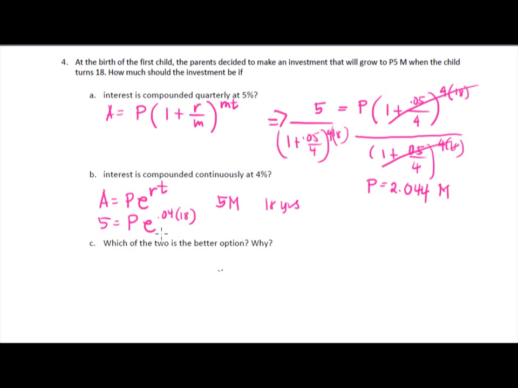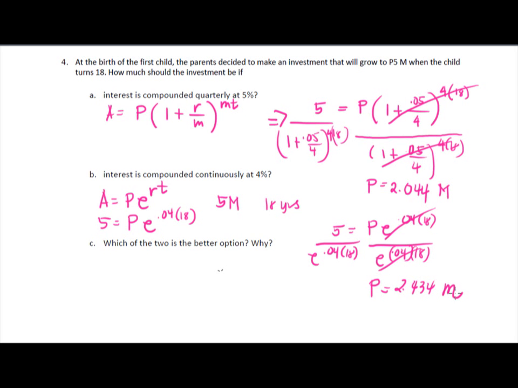So in the same way, to get the P, we just divide both sides by e to the 0.04 times 18, and this will give us the value P. So P is 5 over e to the 0.04 times 18, and this will be 2.434 million. Let's make that capital M so that it will be consistent with the first.